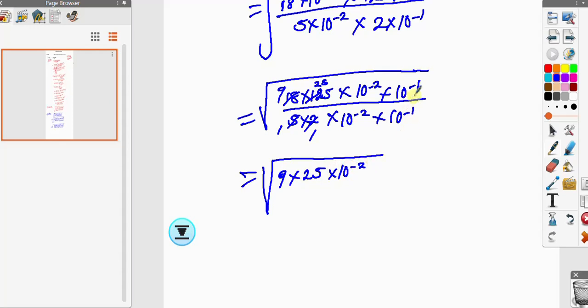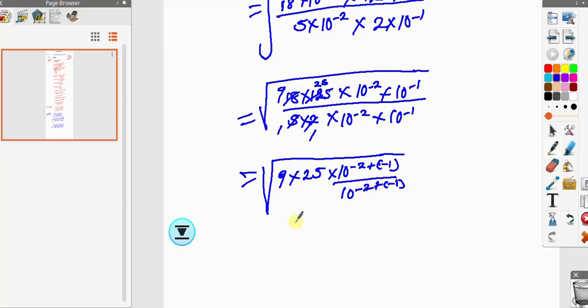You know, let's add this one together, plus minus 1, right? So over 10 raised to power minus 2 plus minus 1.